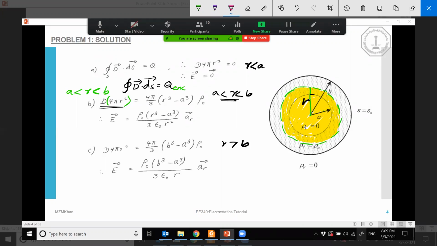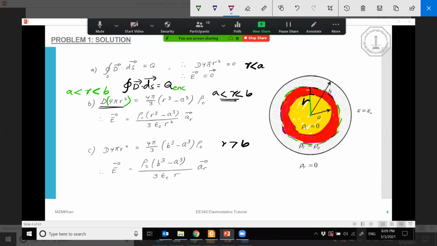Do we have some charge here? Yes, we have some charge. And where is that charge located? We have a partial charge, and the partial charge is only here. This red color, which I am drawing, only here is my partial charge, whereas the yellow part doesn't have any charge.